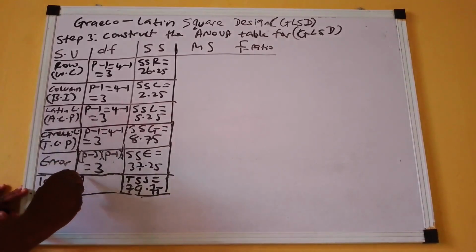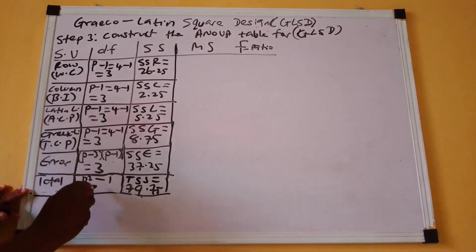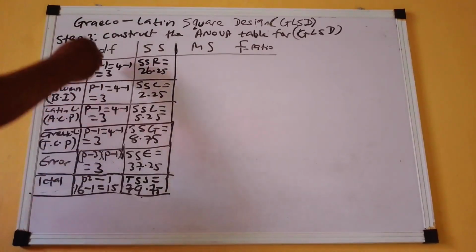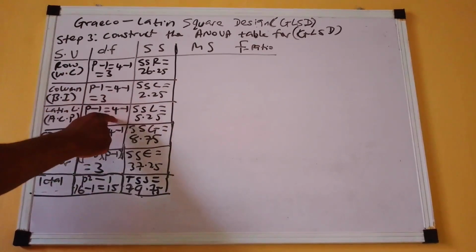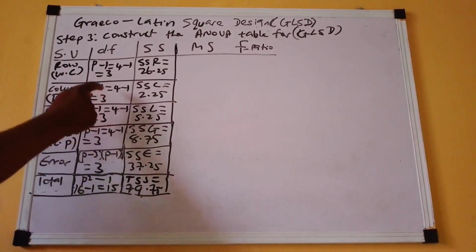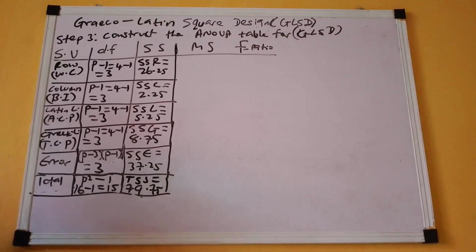So total degrees of freedom will be P squared minus 1, that is 16 minus 1, that is 15. So if you now come here, you add 3 plus 3 plus 3 plus 3 plus 3, five places, and that is 15. So the sum must definitely tally.